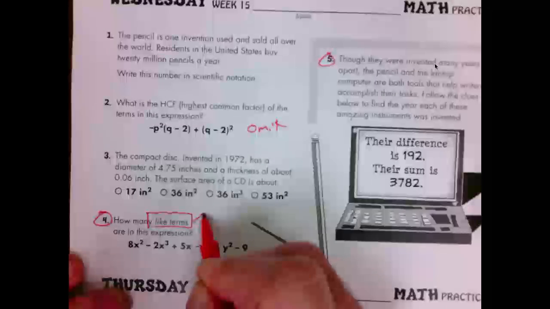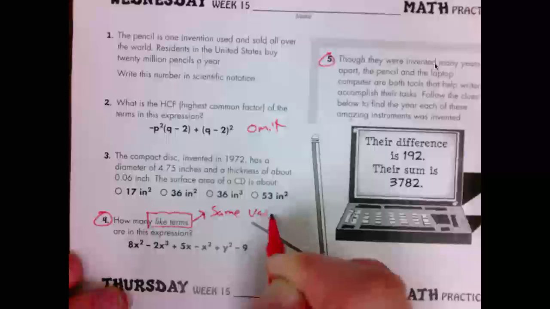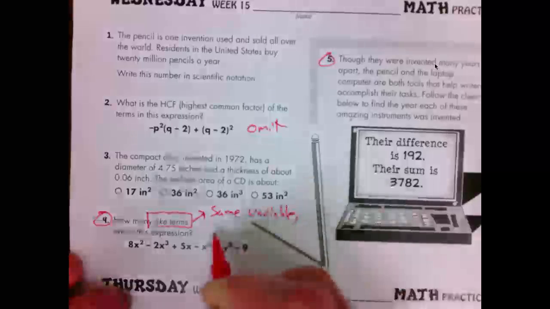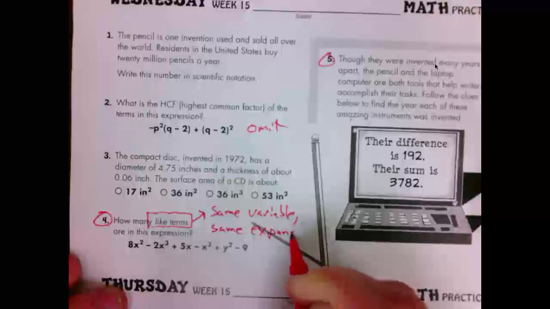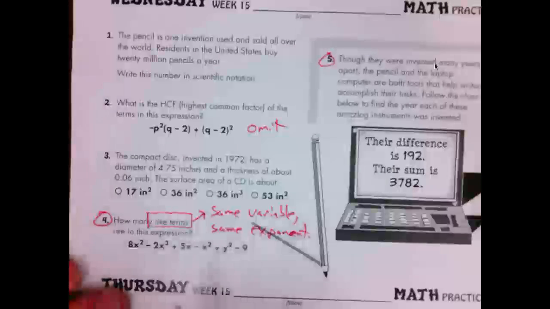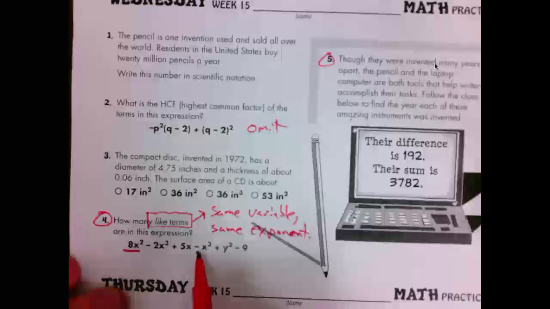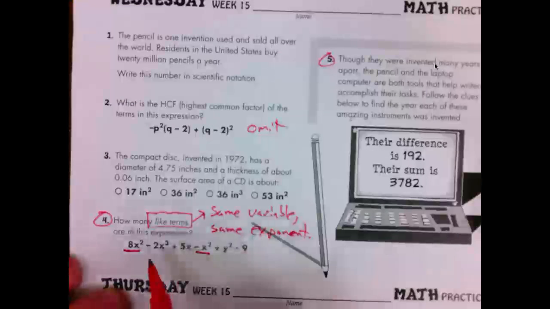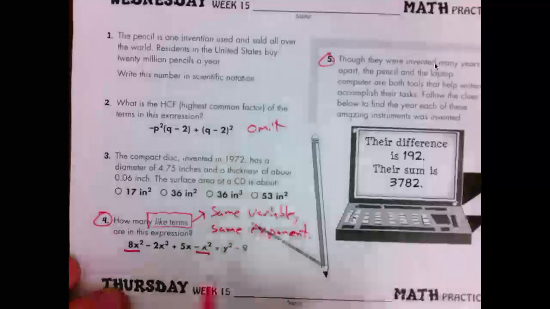Hopefully you remember, like terms means same variable, same exponent. All right. Thus, 8x squared is like negative x squared. 2x cubed is not like anything else because there is no other x cubed term.